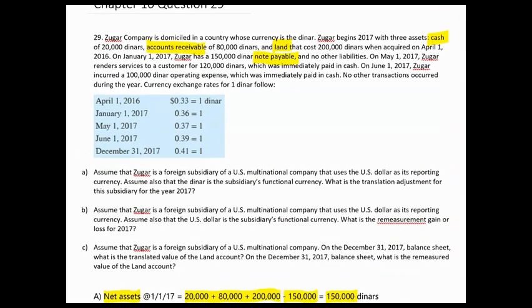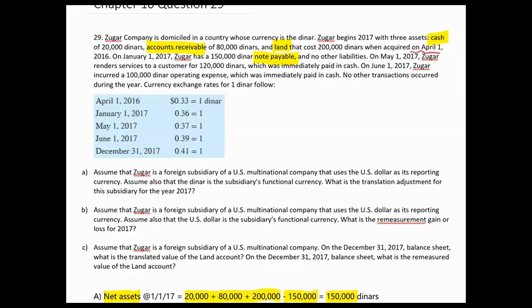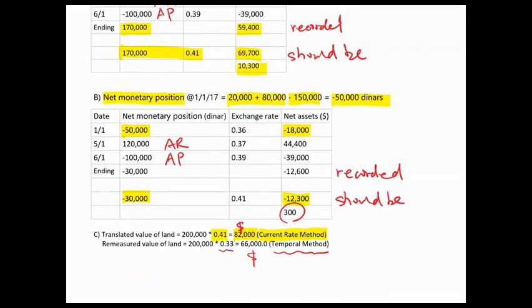The land was acquired on April 1st of 2016. On that date, the exchange rate is 0.33, which means we're going to use 0.33 times its foreign currency value of 200,000. It gives us 66,000 US dollars. That is the temporal method remeasured value of land.